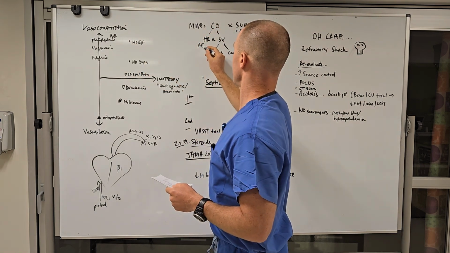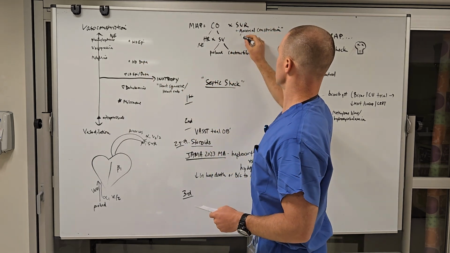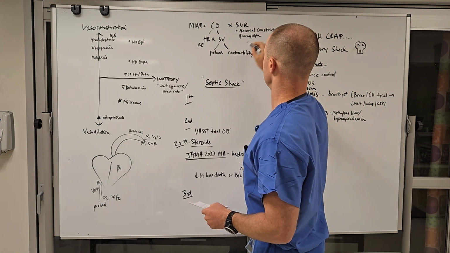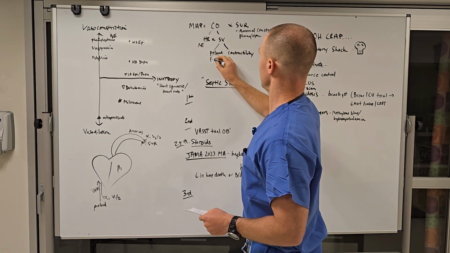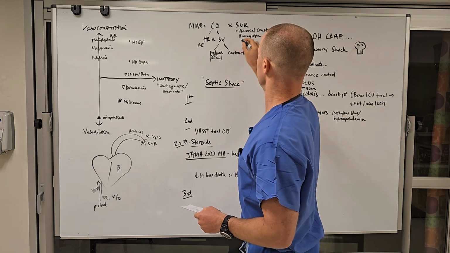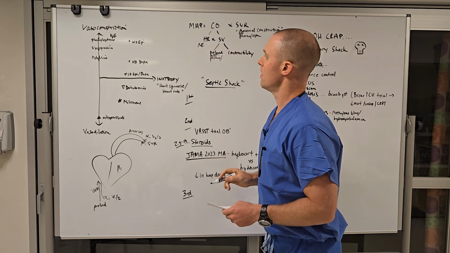Phenylephrine, where is that going to act if we're just going to go down this chart? SVR. Yeah, SVR. Norepi is also going to work here because it's got that alpha.